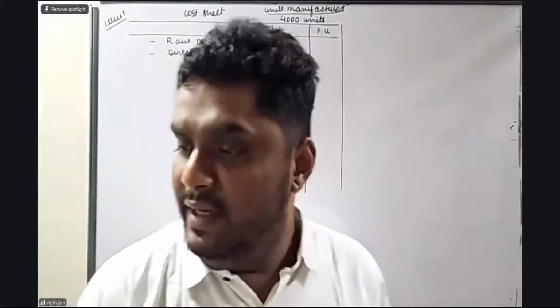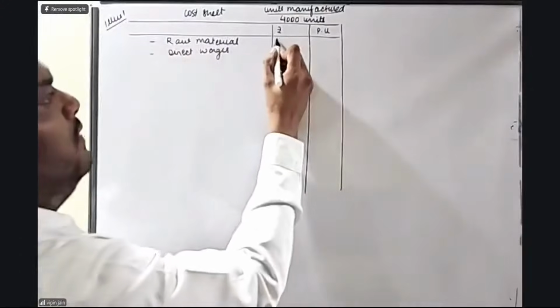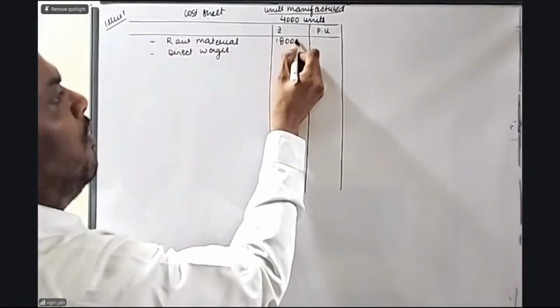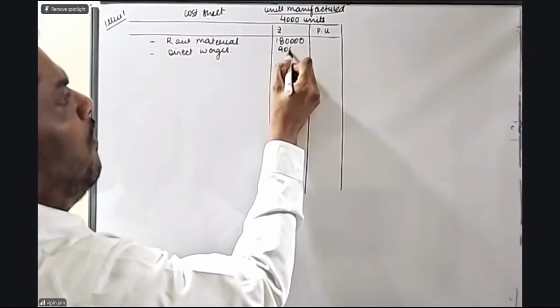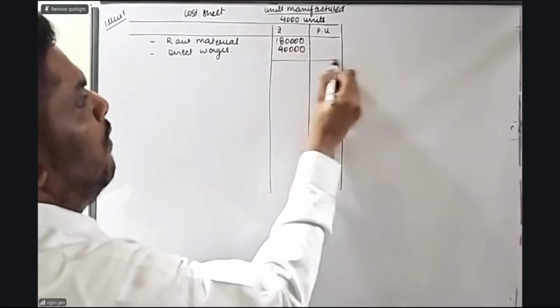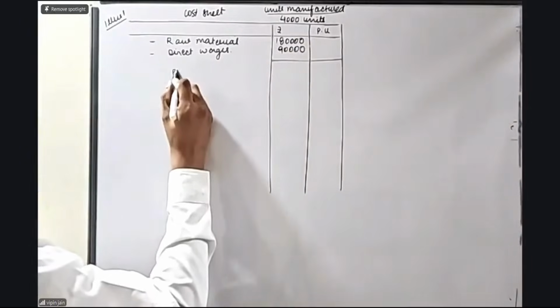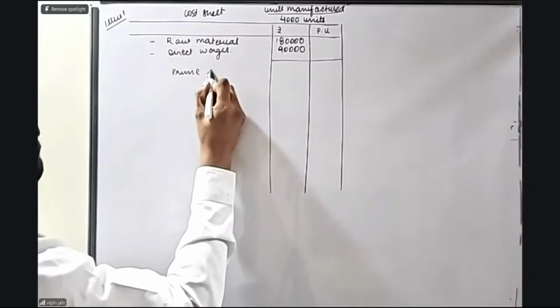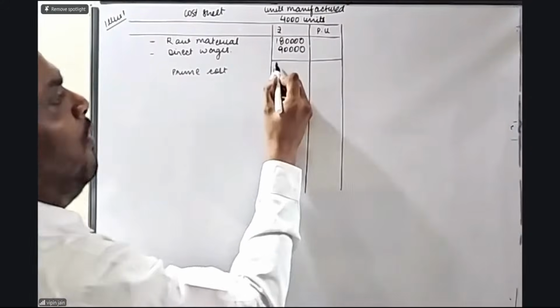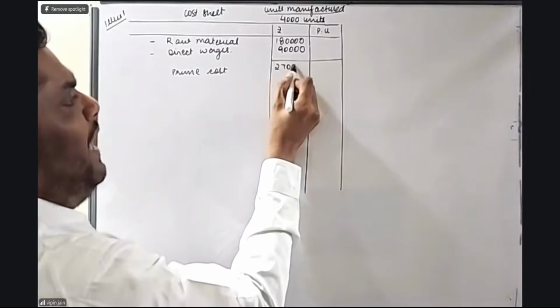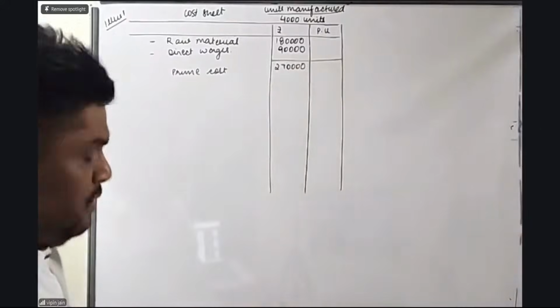It is 1,80,000 and 90,000. My prime cost will be 2,70,000.